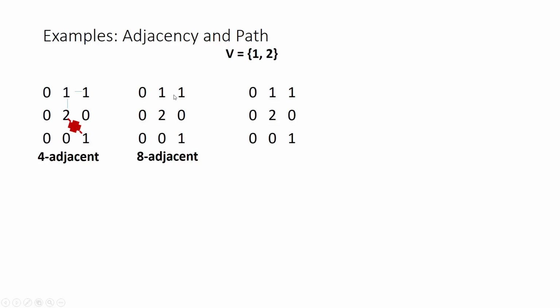This one satisfies ND(P), the diagonal condition or N8 condition, and this one also satisfies the N8 condition. But there are two paths to reach from 2 to 1. One is from 2 to 1 and then 1 to 1. Another one is 2 to 1 directly, so there is a diagonal path also. So there is confusion because there are multiple paths to reach this position.